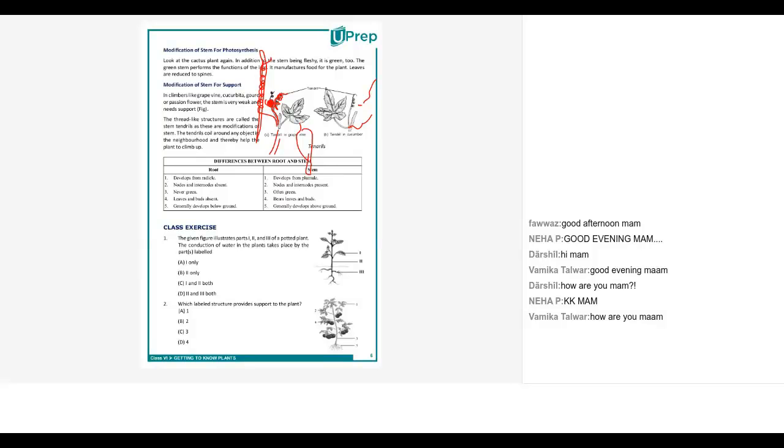This tendril is a stem, but this stem will not have any leaves. This will only be a tendril, a curly kind of structure. Ma'am, I have seen it in my house. We have pumpkin plants in our house, and it was spread over a big area. Yeah, so you must have seen tendrils in that case.